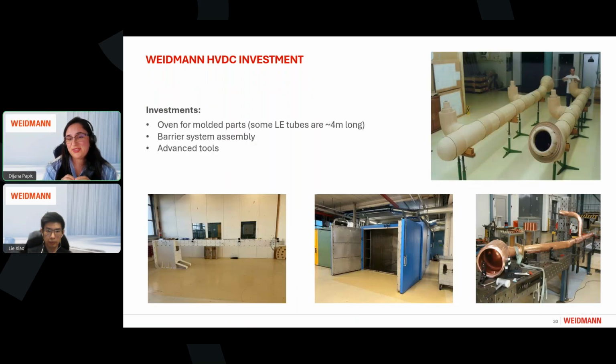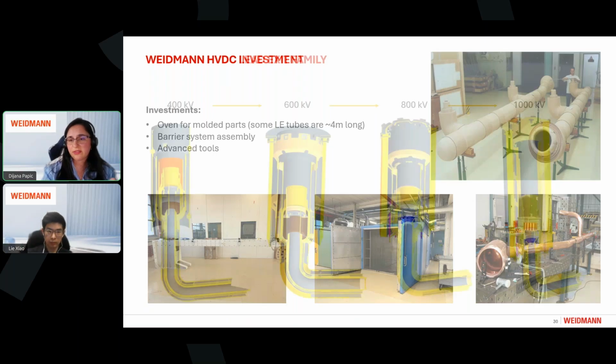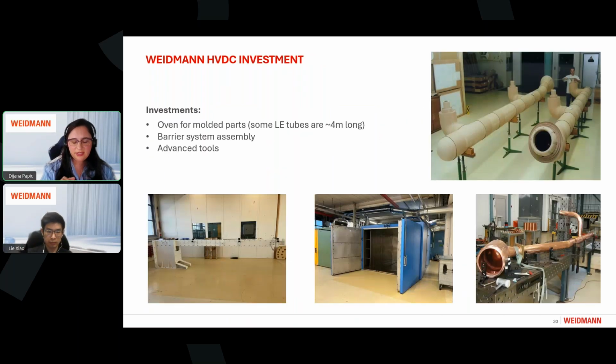In order to produce such huge components, there has to be some investment in the production. Here are shown some of ours. We grow in length and general dimensions, and it leads to the need for, for example, a bigger oven. Then what is very common for DC lead exits are the so-called barrier packages, and we will see them later.